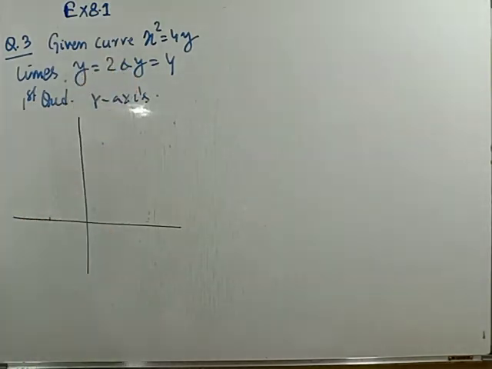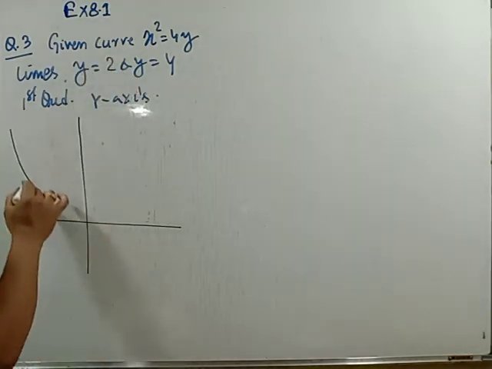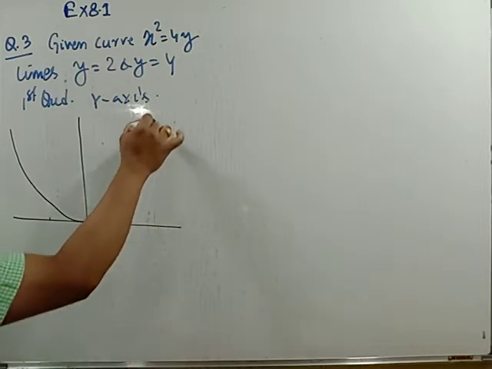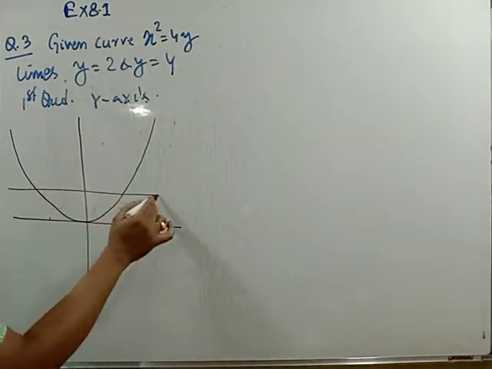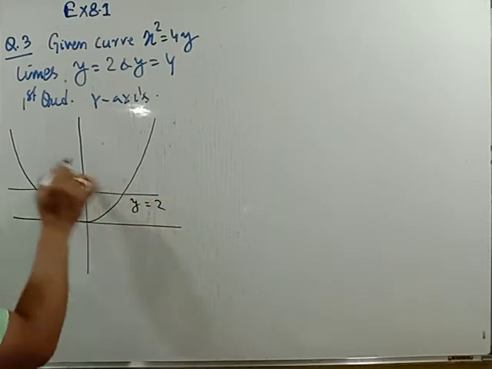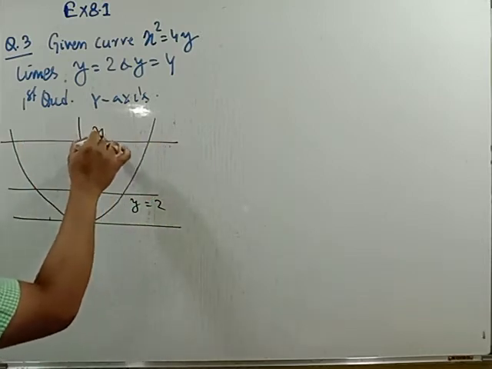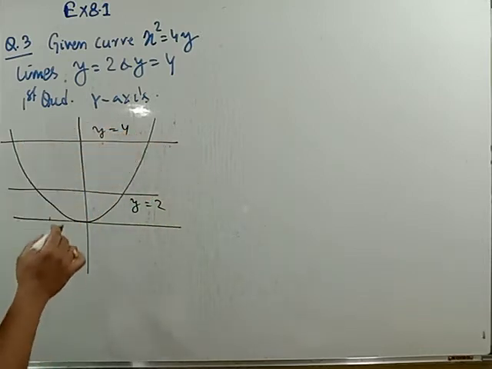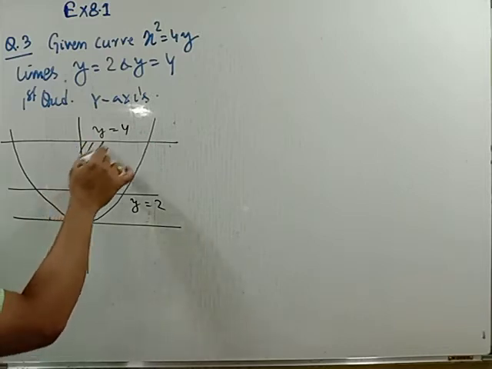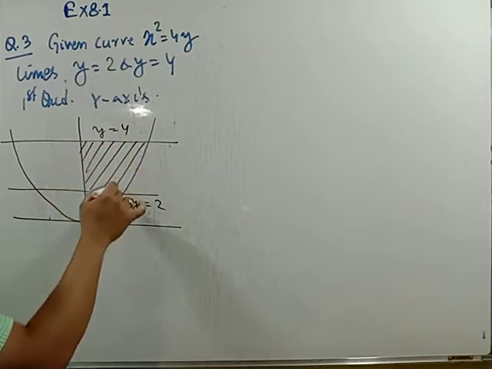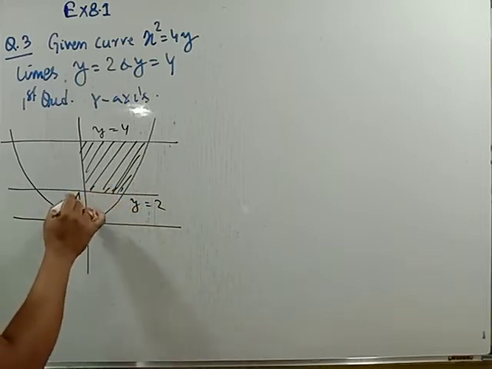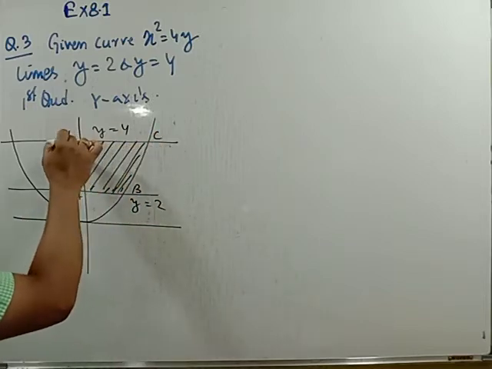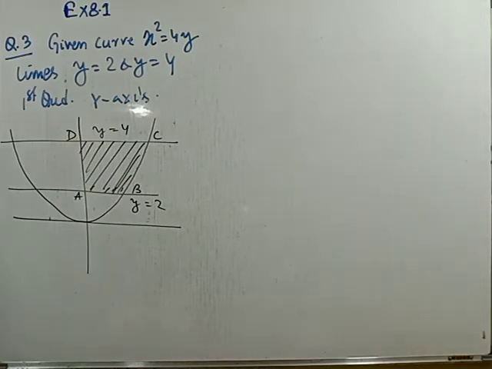This is of the form x square is equal to 4ay, so this is also a parabola, this way, and the line y is equal to 2 and y is equal to 4, and in the first quadrant. Write A, B, C, D. So you have to find this area.